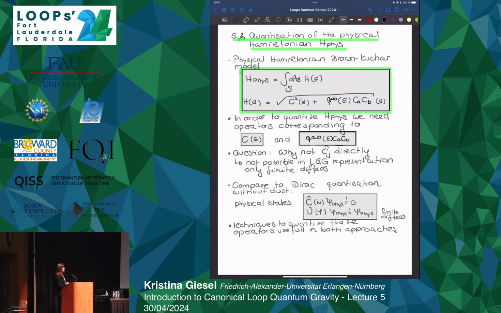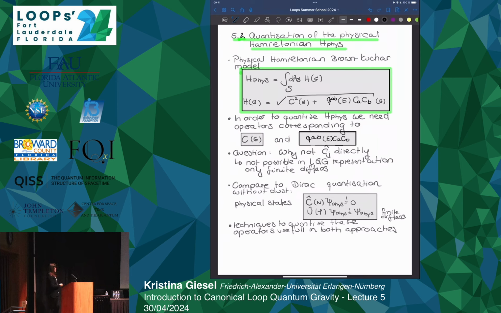So in principle, you could think that's a problem, but luckily, this combination can be promoted to an operator, and that's exactly due to the contraction with the inverse metric. Otherwise I would need to stop here and either choose a different representation or say that the model cannot be quantized using loop quantum gravity techniques.